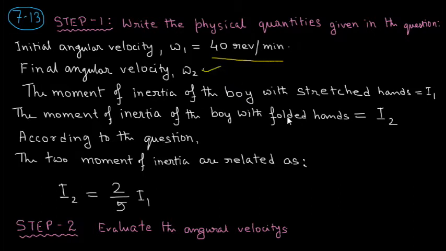The moment of inertia of the boy with stretched hands is I1. The moment of inertia of the boy with folded hands is I2. According to the question, the two moments of inertia are related as I2 is equal to 2 by 5 I1. Now, in step 2, we will evaluate the angular velocities.